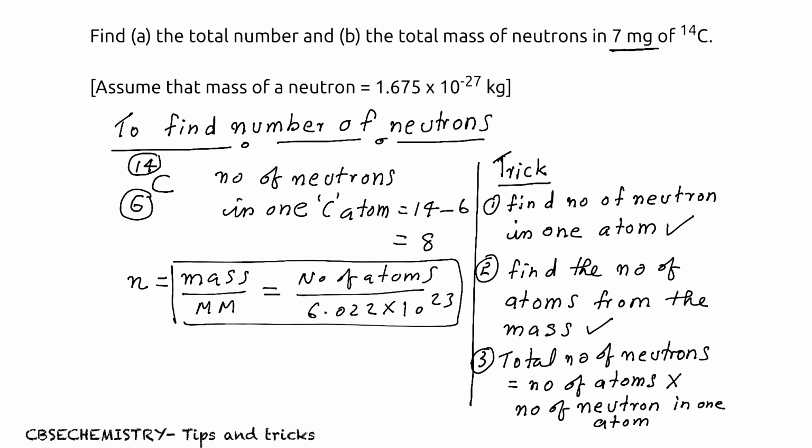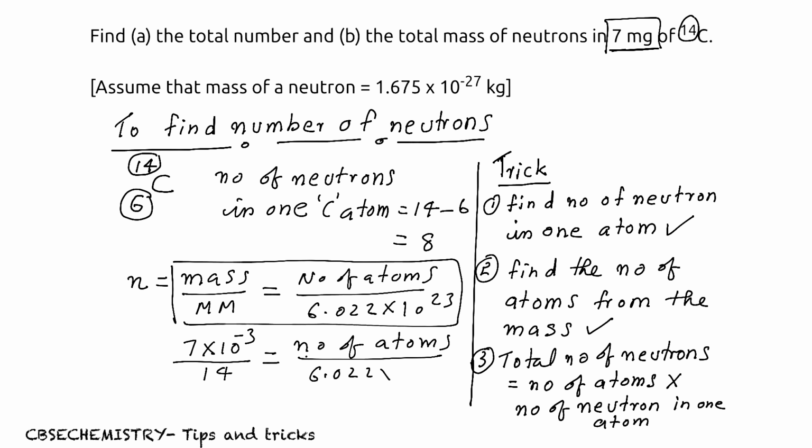Mass is given. What is that? 7 milligram. So 7 into 10 raised to minus 3. What is the molar mass? 14, right? Carbon 14, not carbon 12, okay? Carbon 14 is equal to number of atoms by Avogadro number. On calculation, what you will get? You can cut 14, 7, 2.